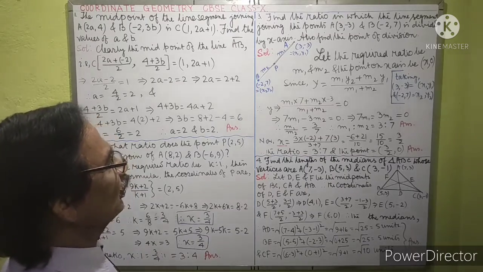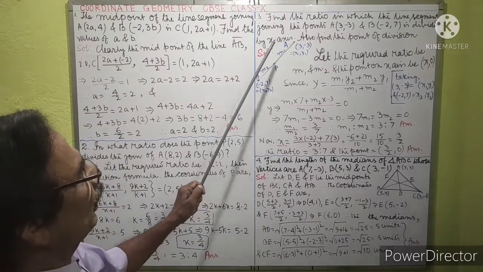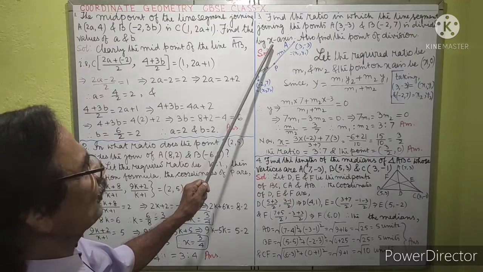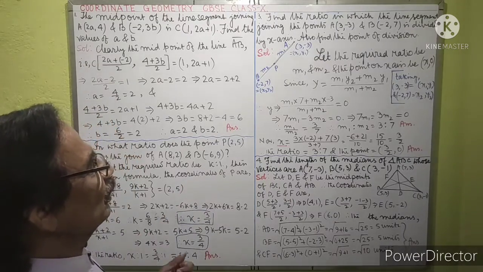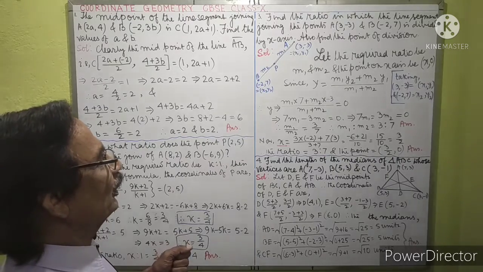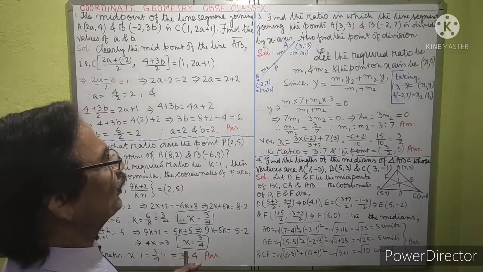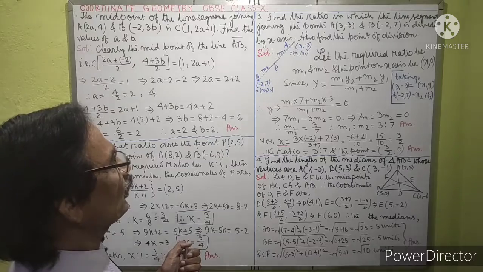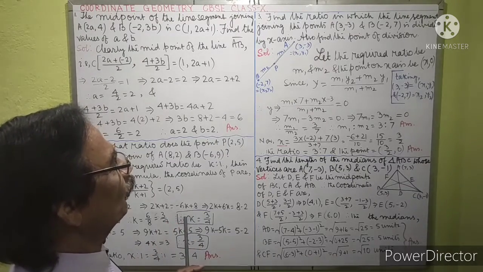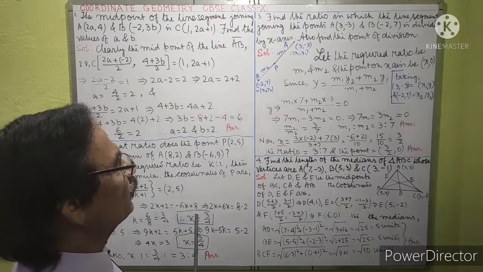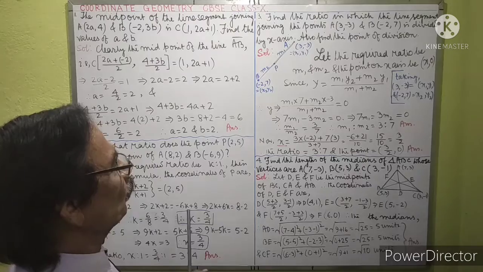Dear students, think that the line segment is divided by the x-axis. On the x-axis the value of x is real, meaning it has a numerical value, but on the x-axis the value of y is 0.